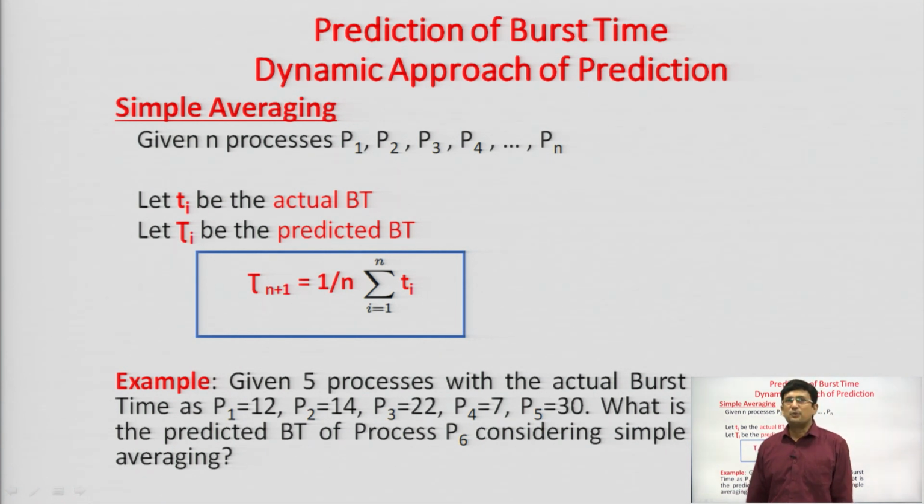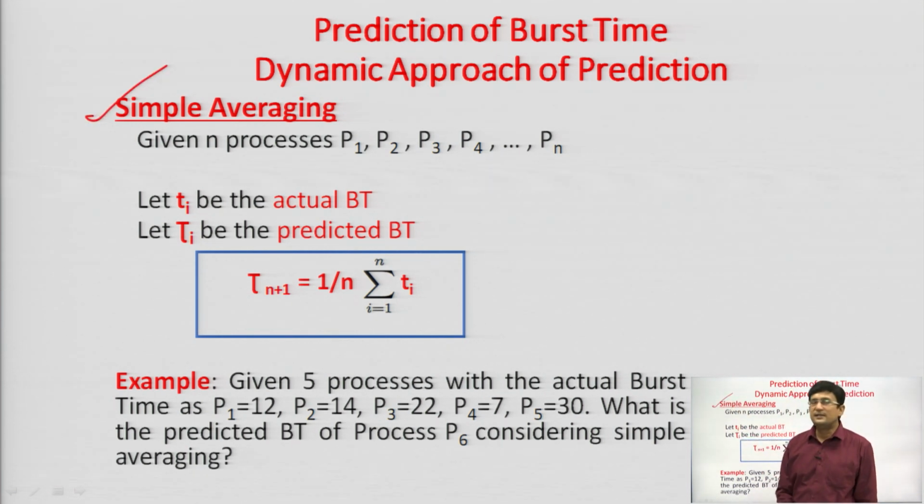The very first approach for prediction of the burst time through the dynamic approach is simple averaging. Simple averaging means, if we have to find the burst time of a future process, let us average the burst times of the previously executed processes.